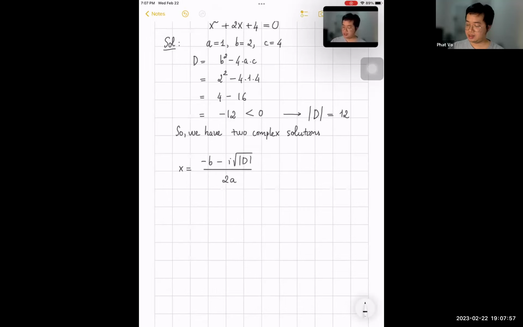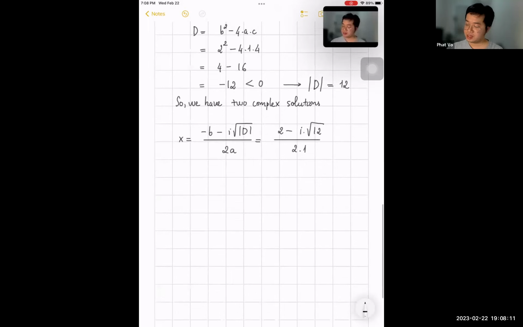Over 2A. So now we replace B, which is 2, minus I times square root of 12, right? Over 2 times 1. So this is 2 minus I times square root of 12 over 2.